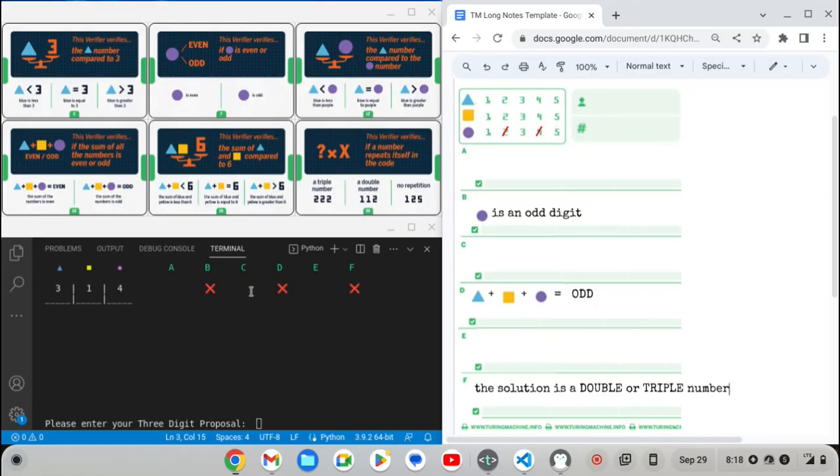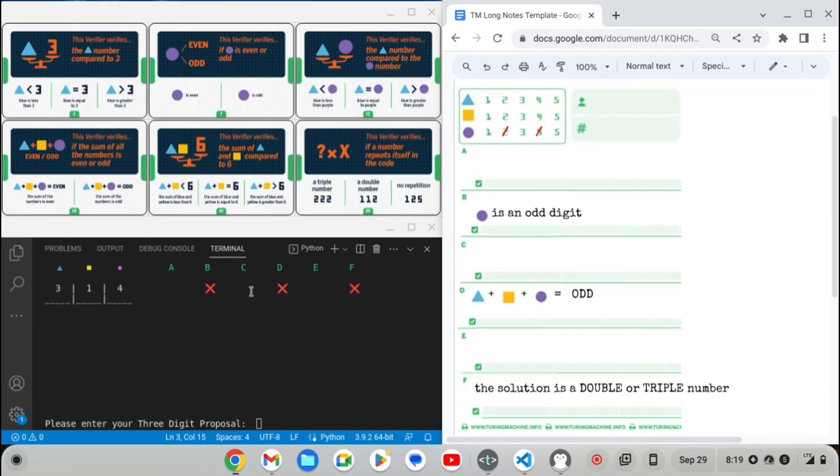So if we do have a double number, it could be the case where triangle maybe equals circle. That's plausible. And so what would that mean? We would be able to tell what it is from criteria card A once we resolve what triangle is. Let's see, what else?